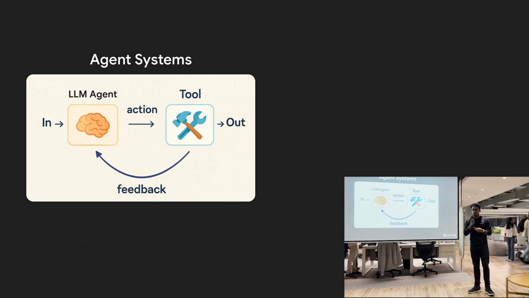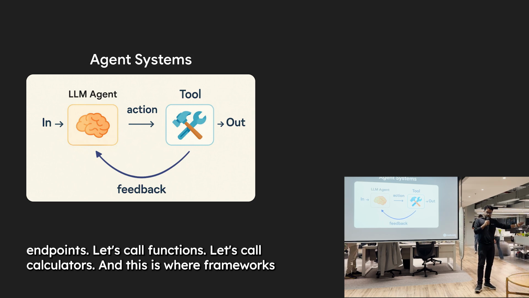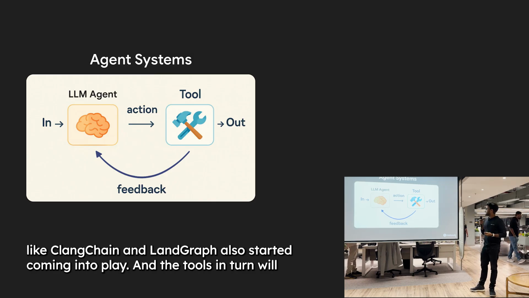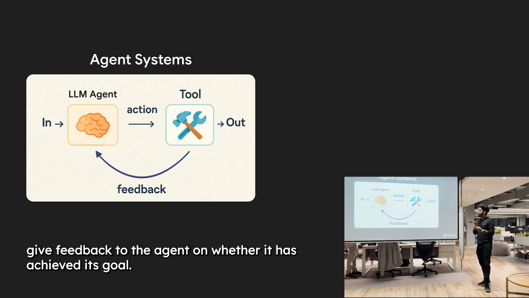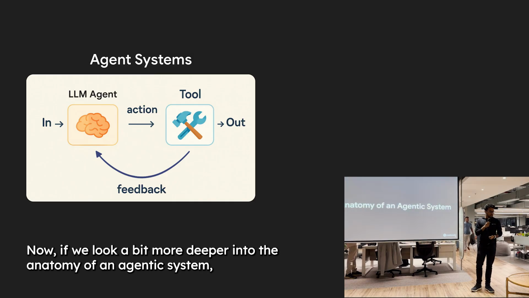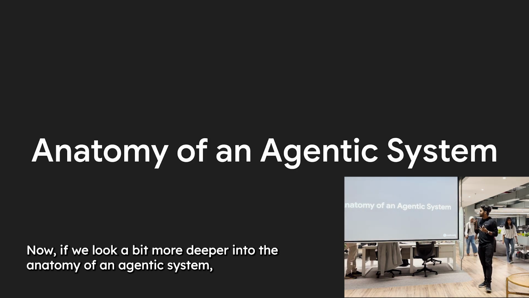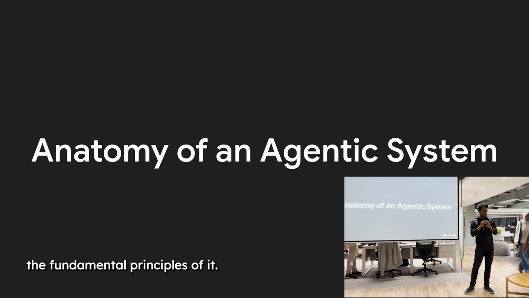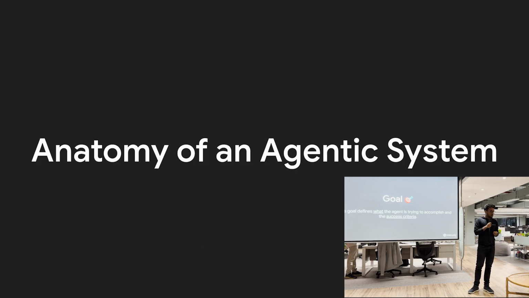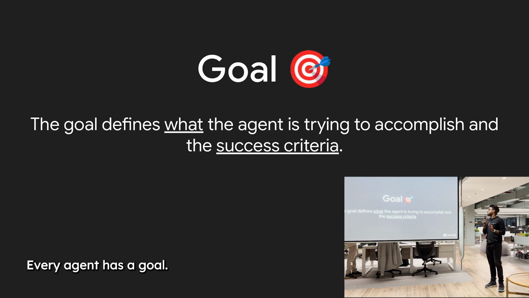Let's just call endpoints, let's call functions, let's call calculators. And this is where frameworks like LangChain and LangGraph also started coming into play. And the tools in turn will give feedback to the agent on whether it has achieved its goal. Now, if we look a bit deeper into the anatomy of an agentic system, the fundamental principles of it, every agent has a goal.